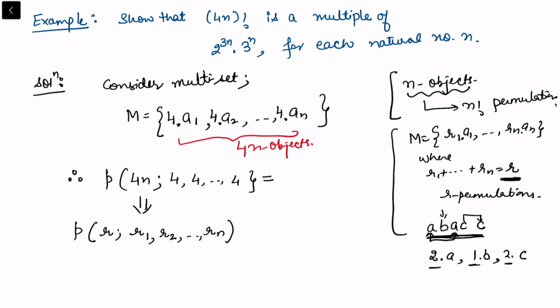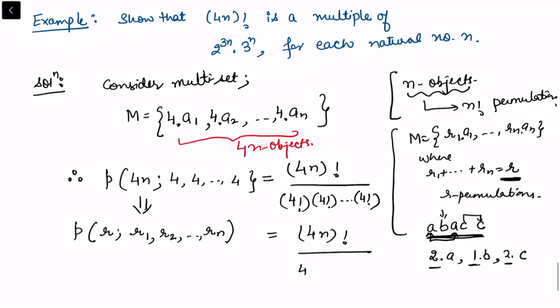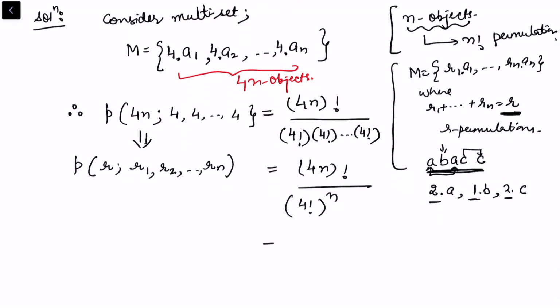This is equal to 4n objects, so 4n factorial. Each object is repeating 4 times, so we need to divide by 4 factorial into 4 factorial and so on. Now 4 factorial is repeating n times, so we will have 4n factorial divided by 4 factorial raised to power n.